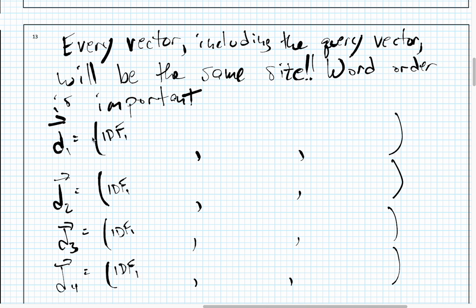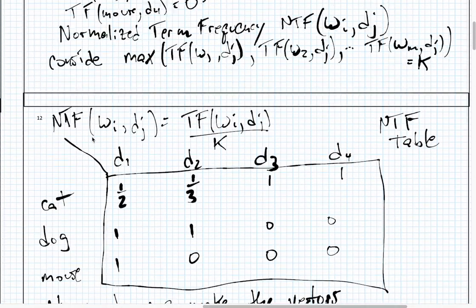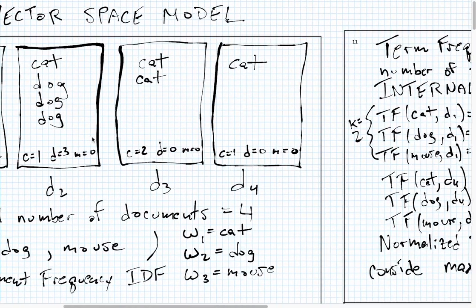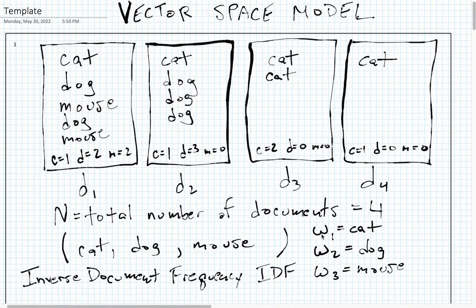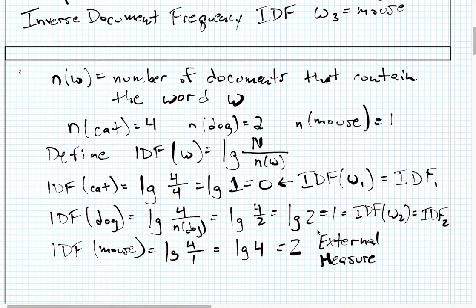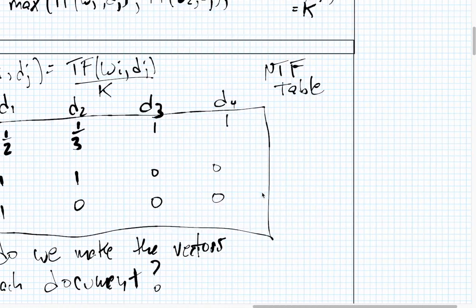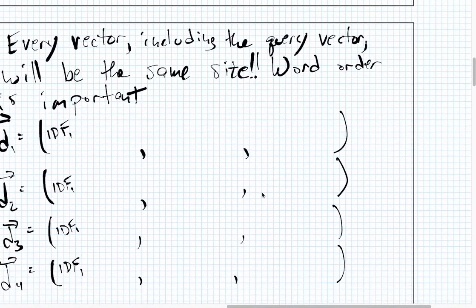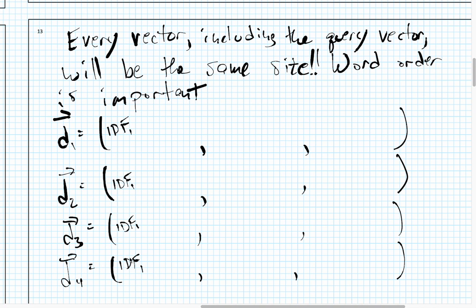In other words, the inverse document frequency of the first word. So what was the first word? If we go back to the original here, remember we said the first word was cat, and we calculated the inverse document frequency of cat. It was actually 0. But again, I want you to appreciate that that is what would go over here.